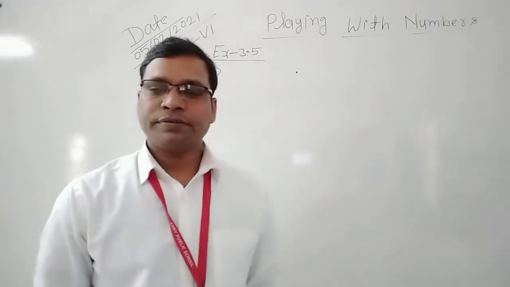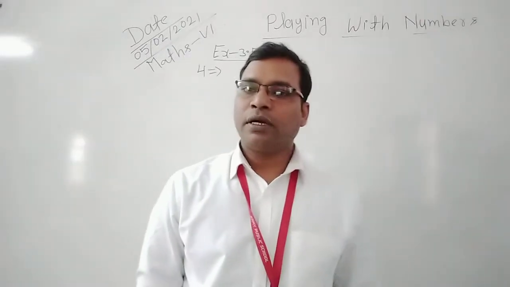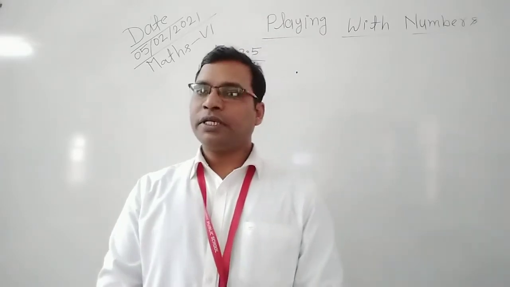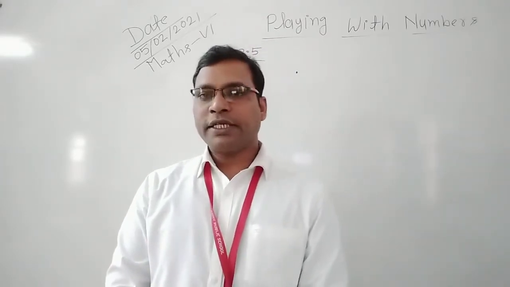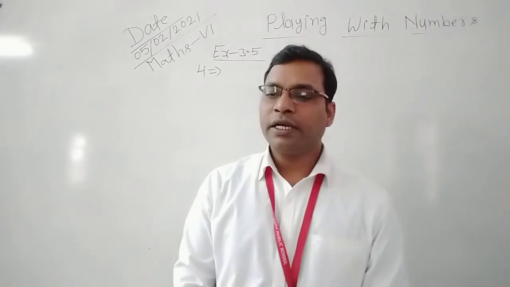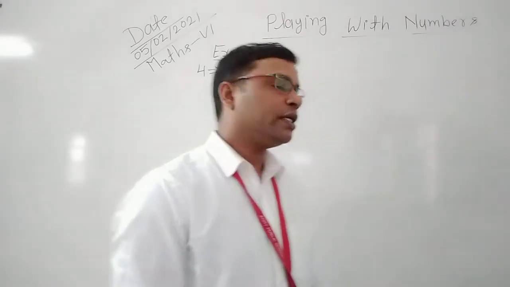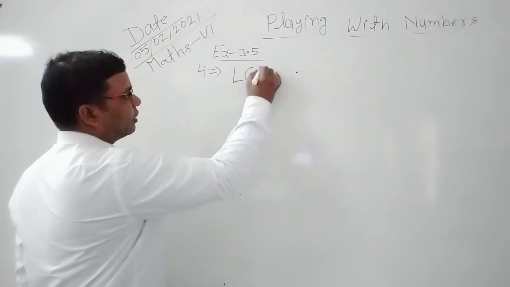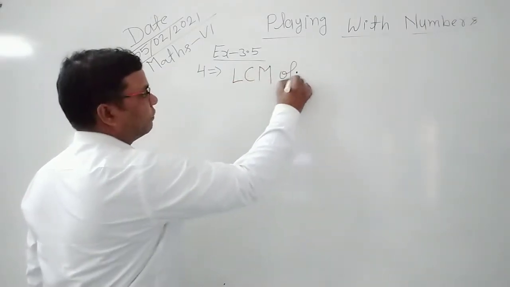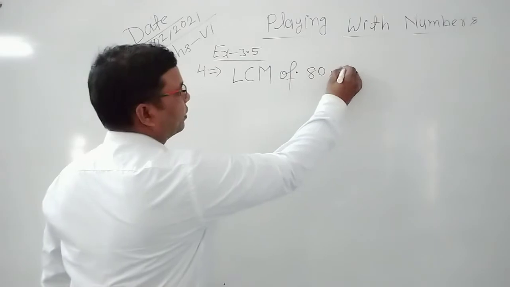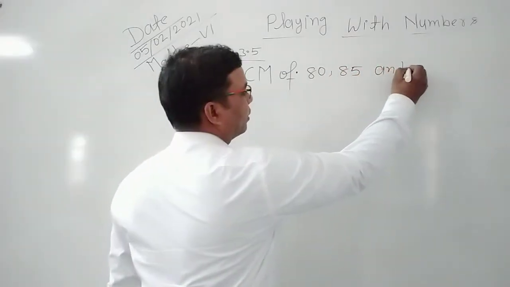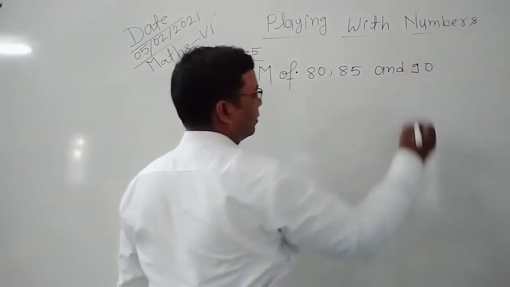In these questions the step distance is given for each person. The step measure of each person is 80 centimeters, 85 centimeters and 90 centimeters. So here you write LCM of 80, 85 and 90.